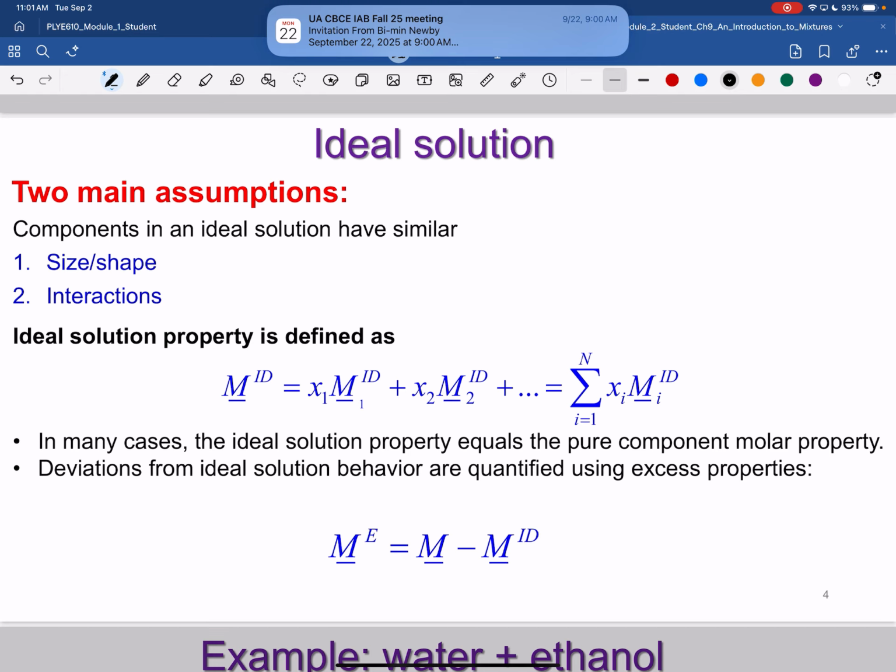There is no difference between the components. So that's the ideal solution. There are two main assumptions for ideality. The molecules in the mixture need to have the same size and shape, and also exactly the same type of interaction. So this is very important.